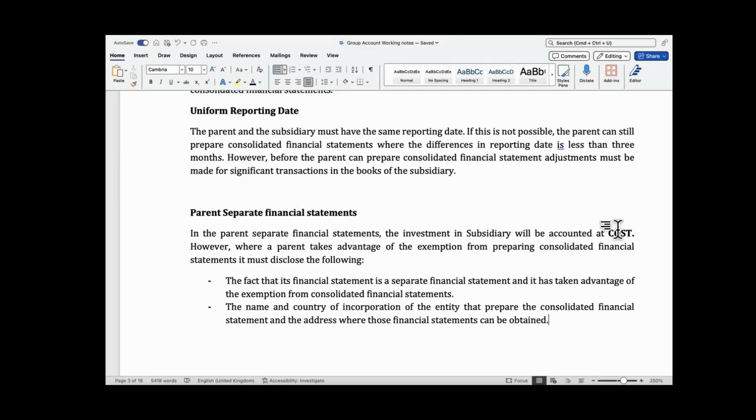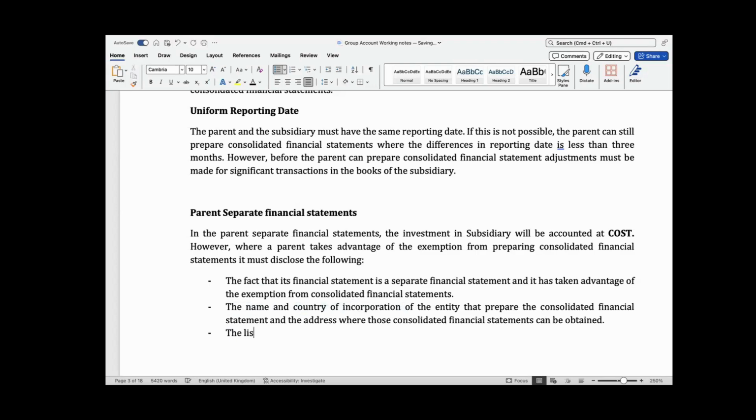So when you are taking exemption from preparing consolidated financial statements, you have to disclose the name and country of incorporation of the entity that prepares that consolidated financial statements, and the address where those consolidated financial statements can be obtained.